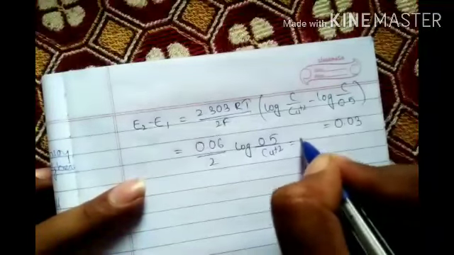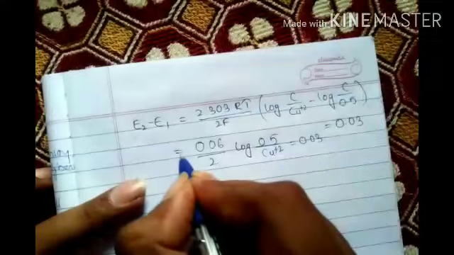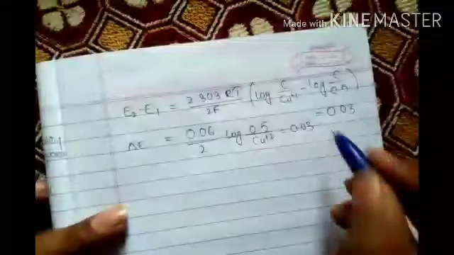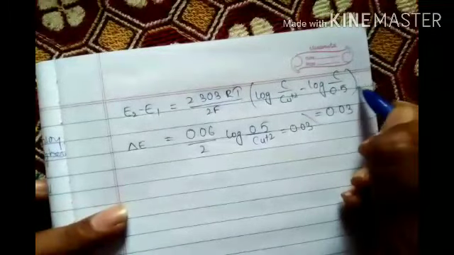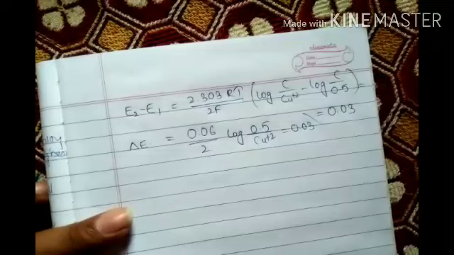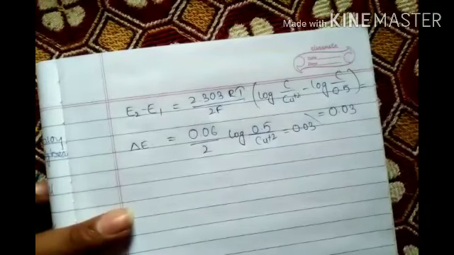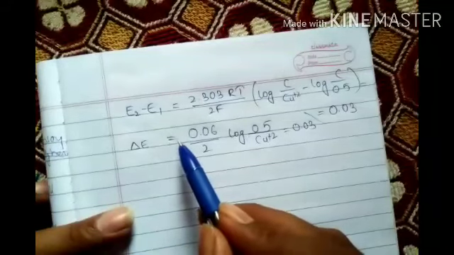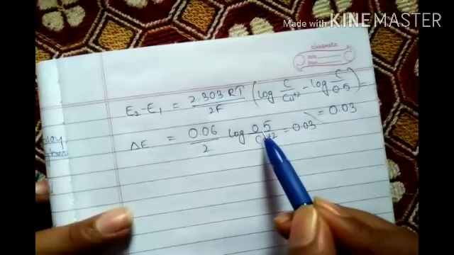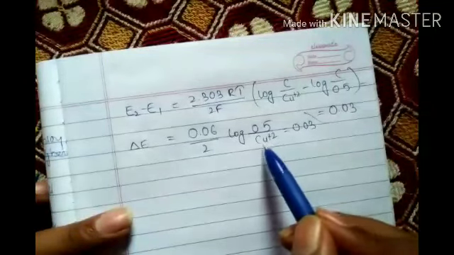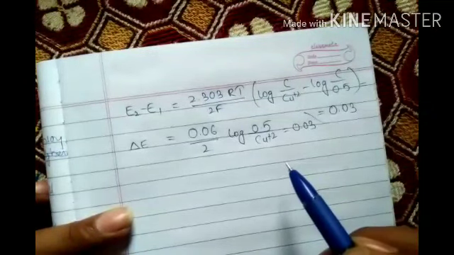Understood? It is equal to 0.03. Now this is delta E. Next what we have to do? Log 0.5 by Cu plus 2 equals 1 will come.